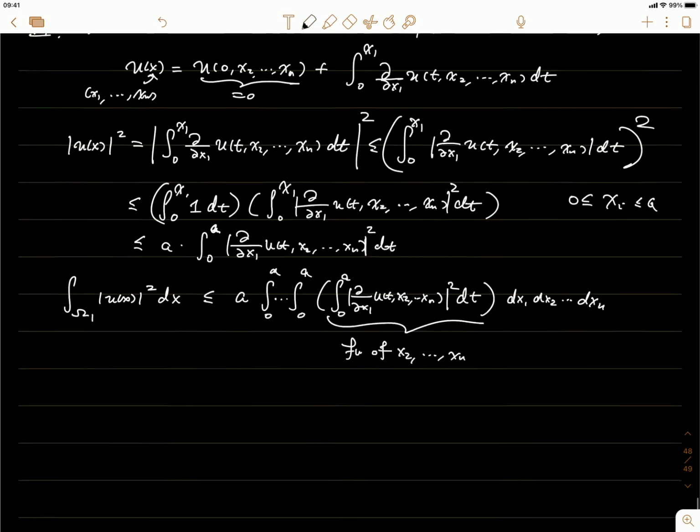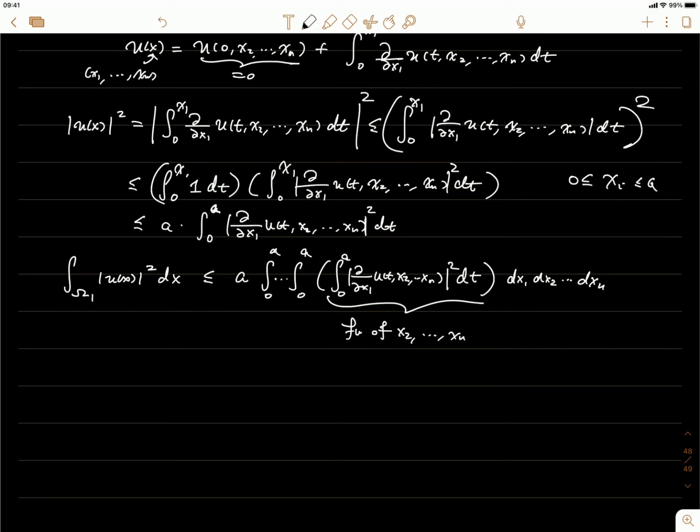So this is actually just equal to a squared, and then 0 to a all the way to 0 to a. And again, this function here, I'm going to put it in here, and dx2 dx3 all the way to dxn. Right? And this will have n minus 1 of them.